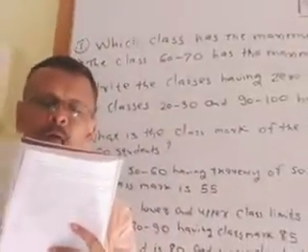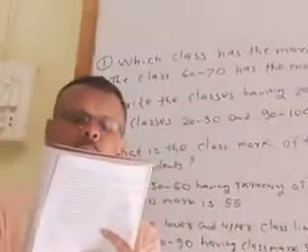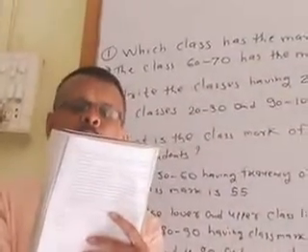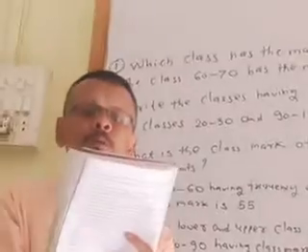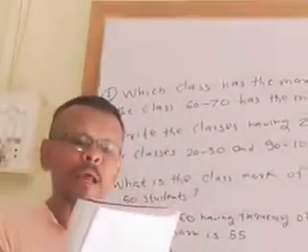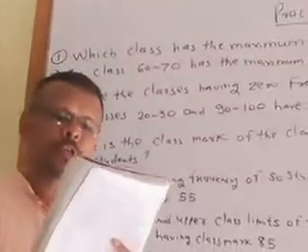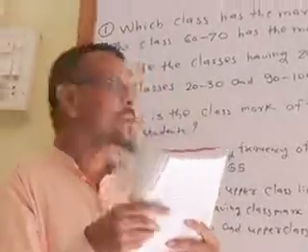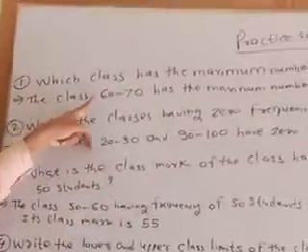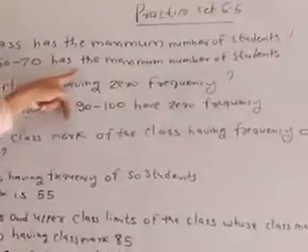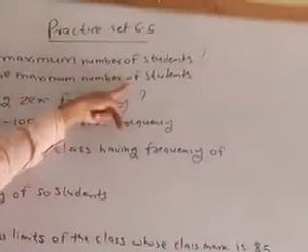That is of the class 60 to 70, class mark 65. On the upper side, see that point 65, 60. So it has maximum frequency 60, so the class is 60 to 70. So the answer: the class 60 to 70 has the maximum number of students.